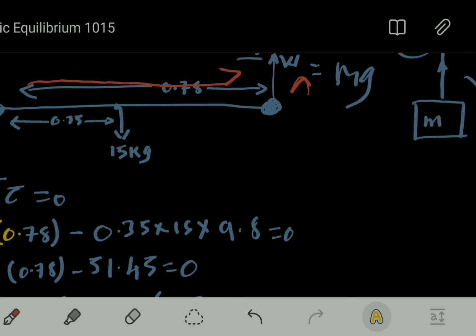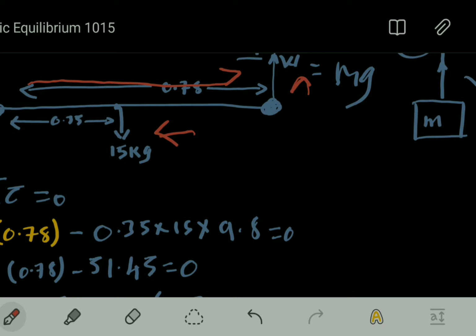Then we also consider this. Since our pivot is at this point, the mass at the center of gravity is creating a clockwise torque.